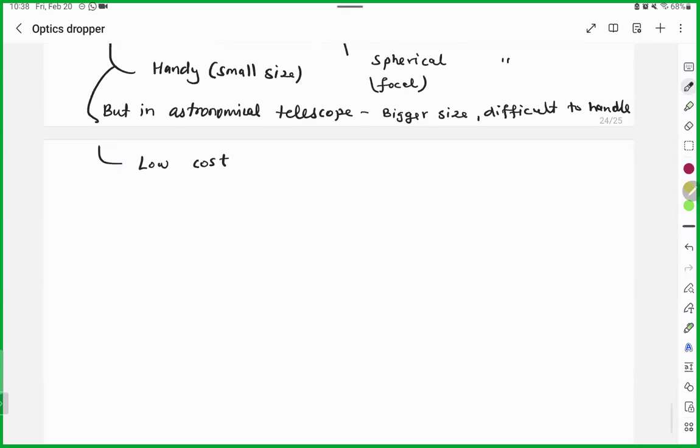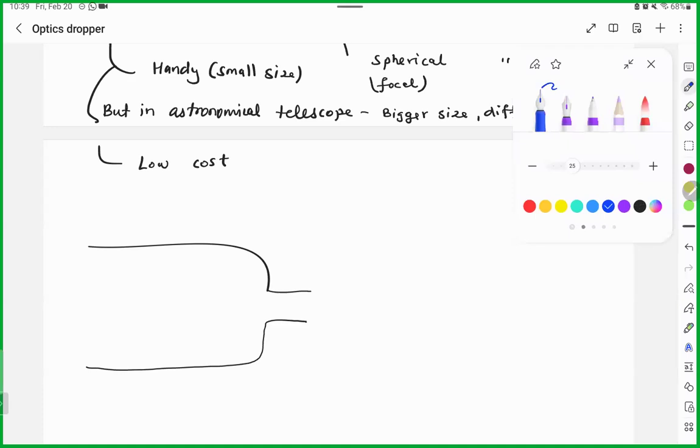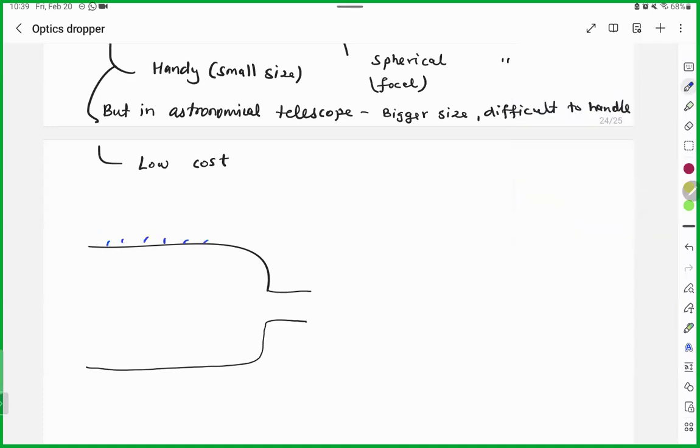Okay, so what happened? The diagram is important. You take a mirror this time. Like this. In this case, what you will see, the outer side is opaque. The inner side is where light will fall.